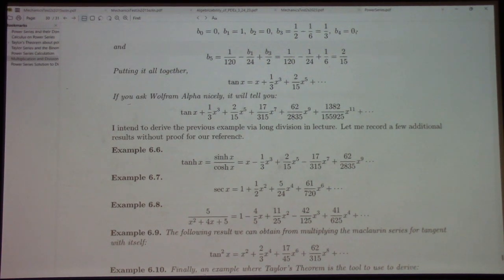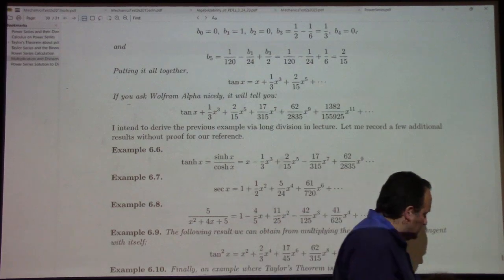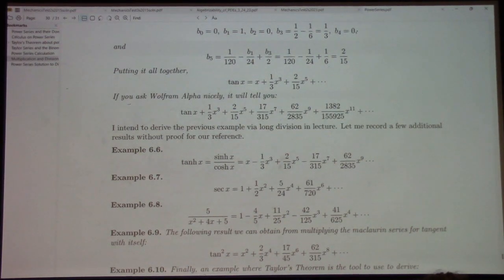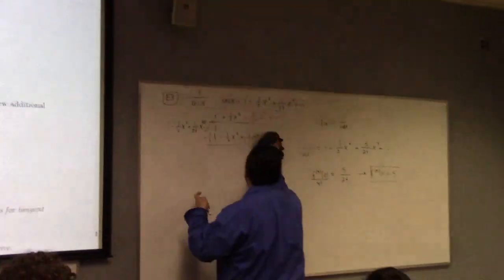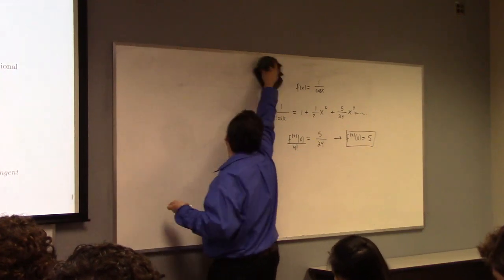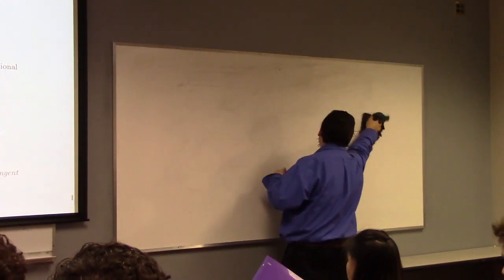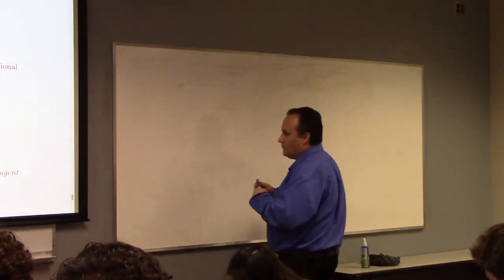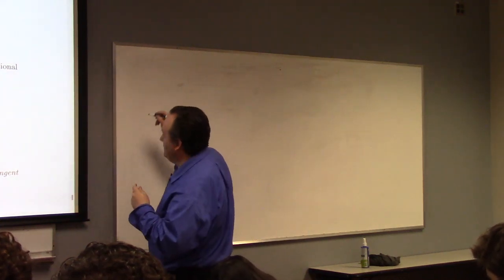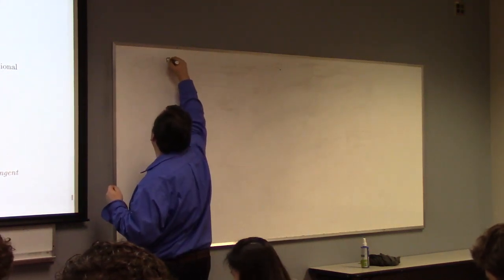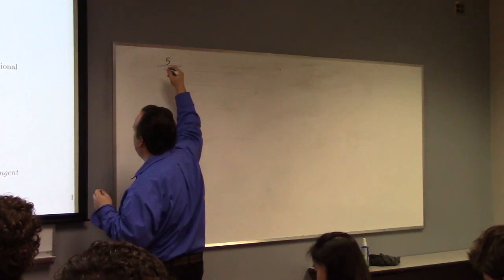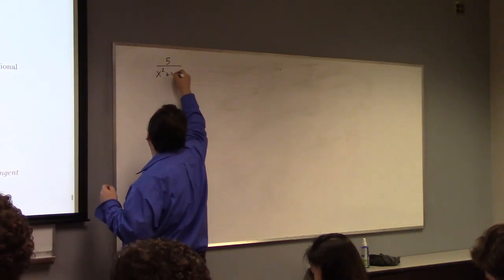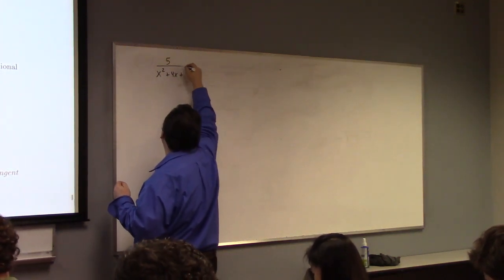Let's see here. So I want to find the Maclaurin series for 5 over x squared plus 4x plus 5.